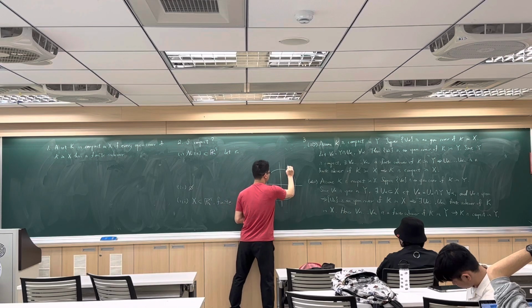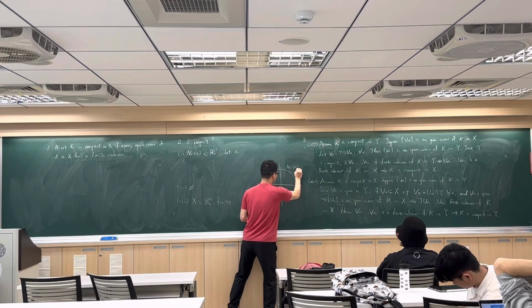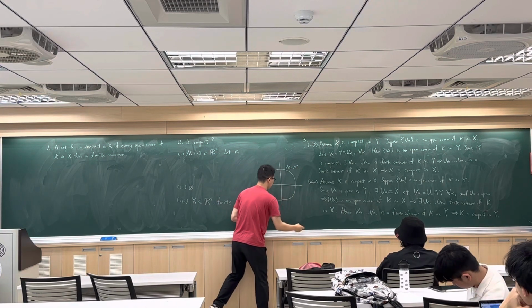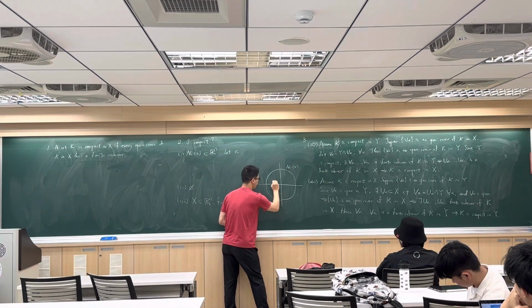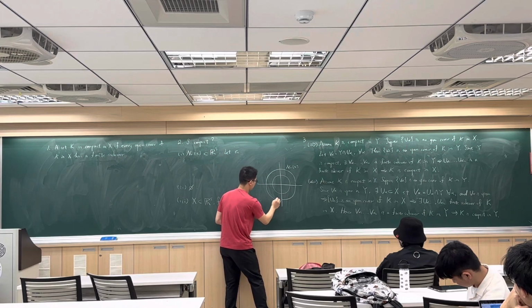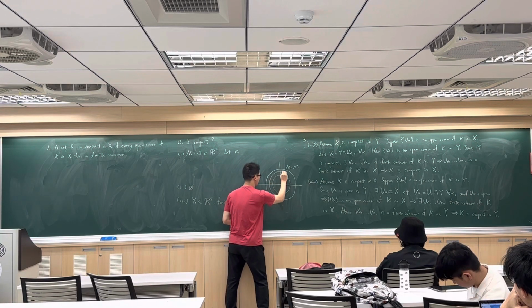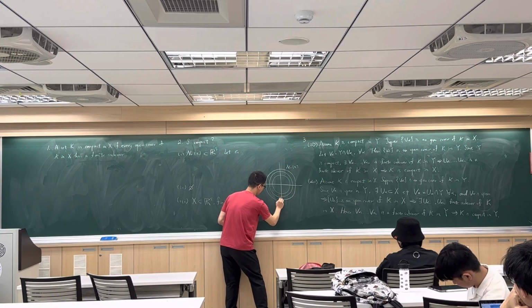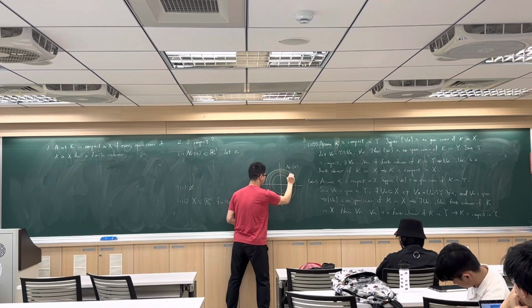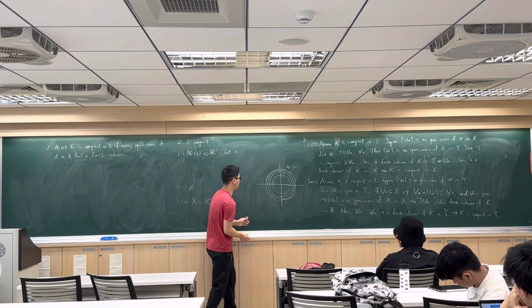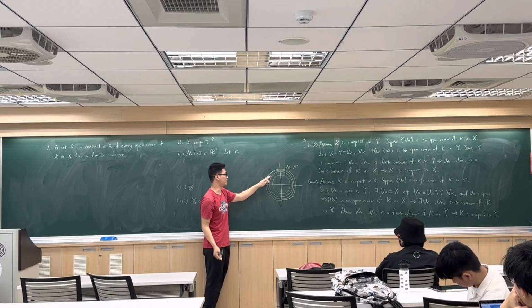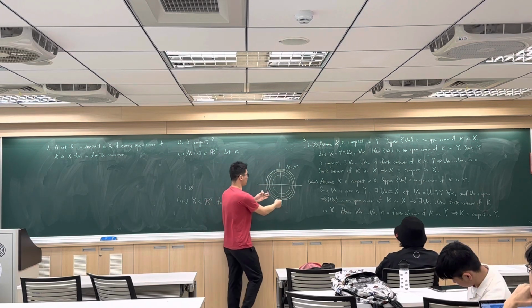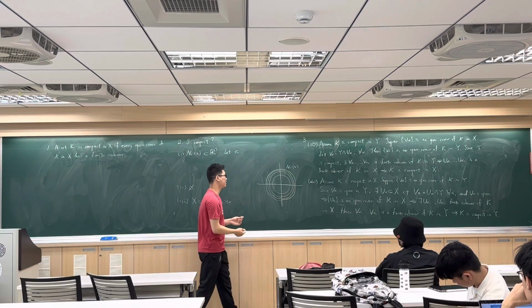So this is N_r(x). We can construct an open cover like this. This is the first one, this is the second one, and this is the third one. It will become bigger and bigger, very close to N_r(x), but will never be itself.